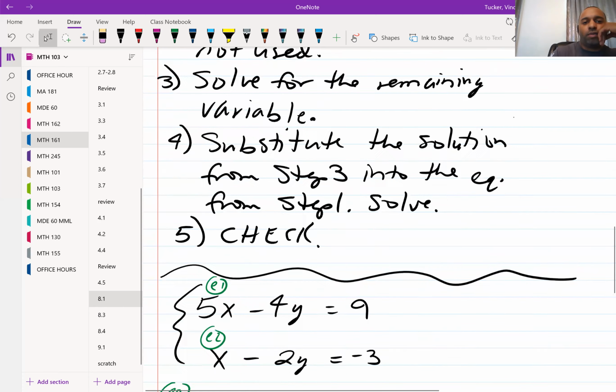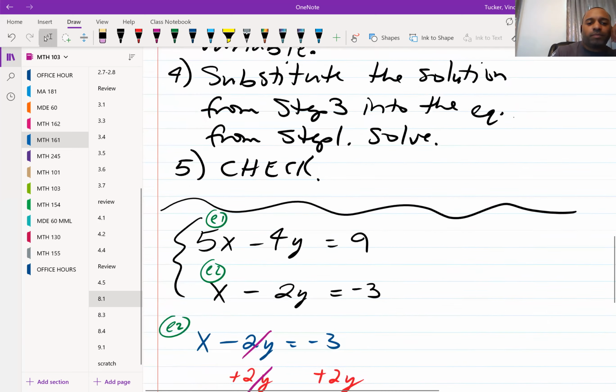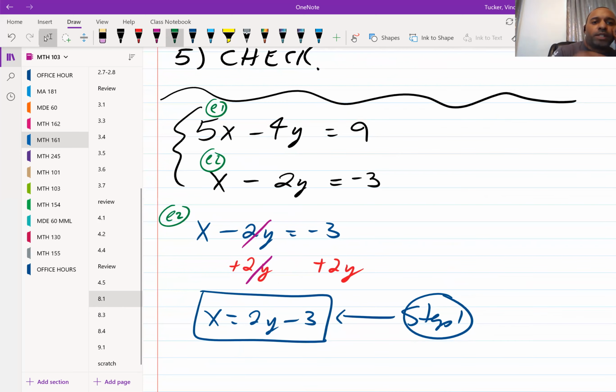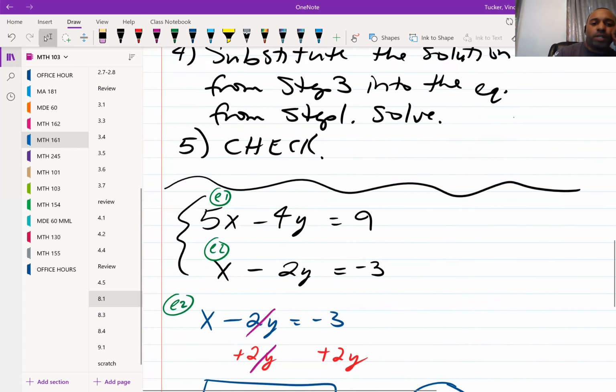Once again, we solve one of our equations for one of our variables, and it doesn't matter which. The next step is to take the other equation and substitute what we just got into it.